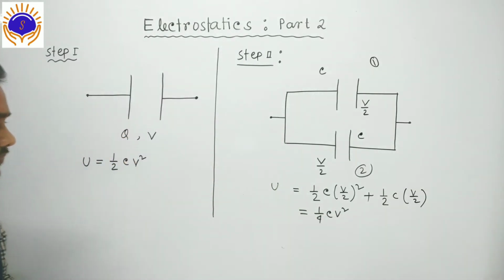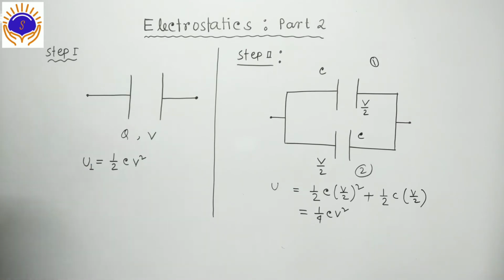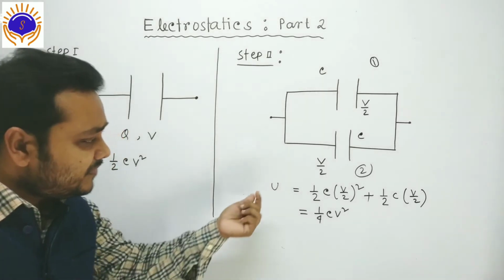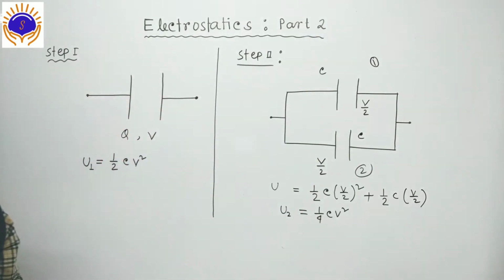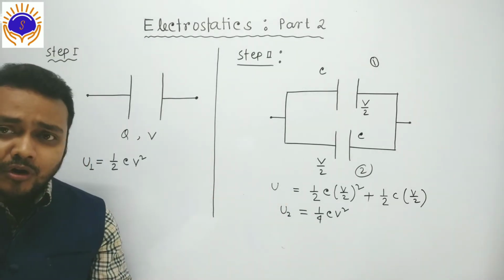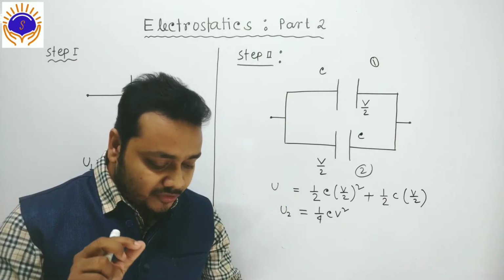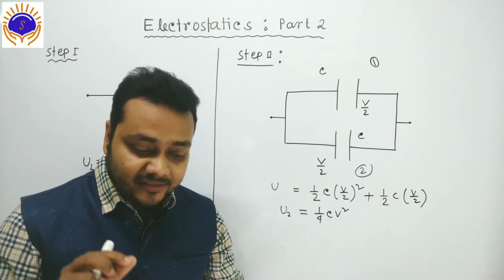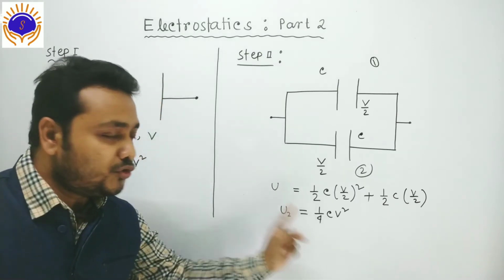You can see U1 is the initial energy and U2 is the final energy, and U2 is less than U1. So option A will be correct. The total electrostatic energy of the resulting system decreases by a factor of 2.